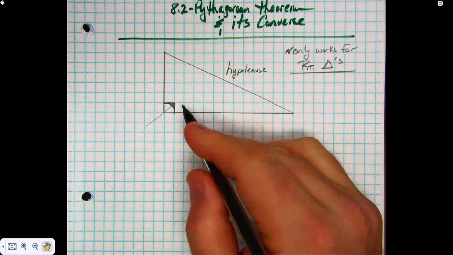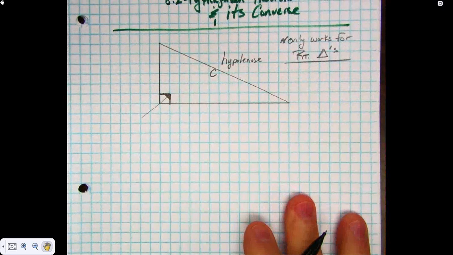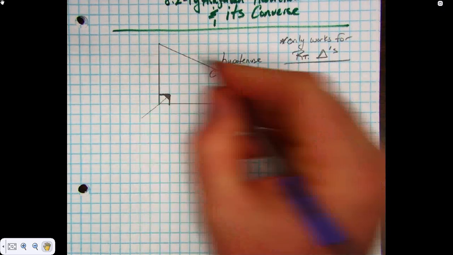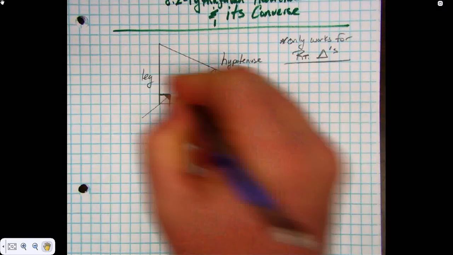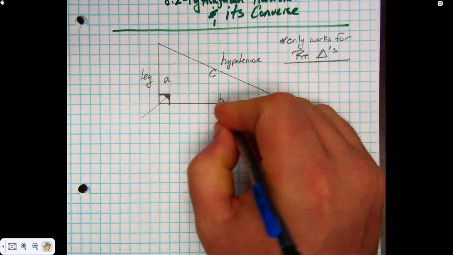That corner will always point at your hypotenuse, which is your C. Now, since you found the hypotenuse, it's pretty easy to figure out what the legs are. This is a leg, and this has to be a leg. So you can make this A, you can make this B.